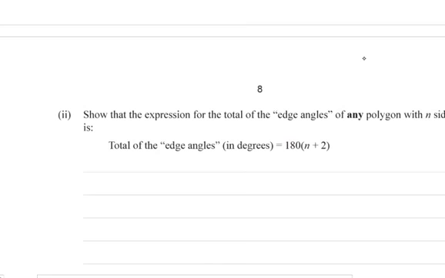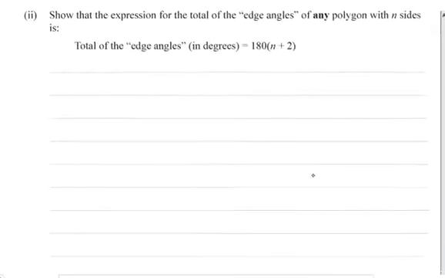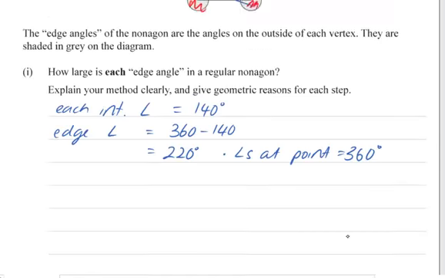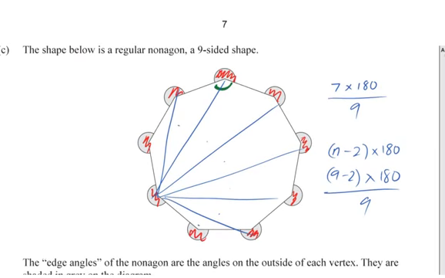The next one's taking it to another step, and it's asking us to show that the sum of the edge angles of any n-sided polygon is this formula here, 180 times n minus 1 times n plus 2. So let's think about what we did for our nonagon before. We multiplied 180 by 7, and then divided it by 9.